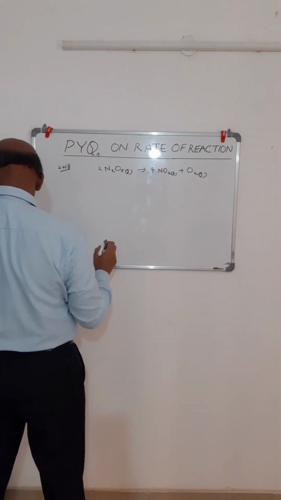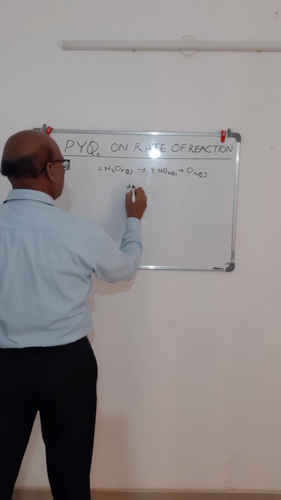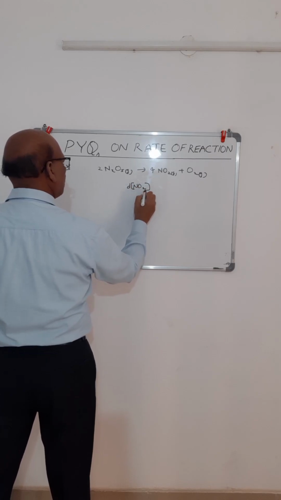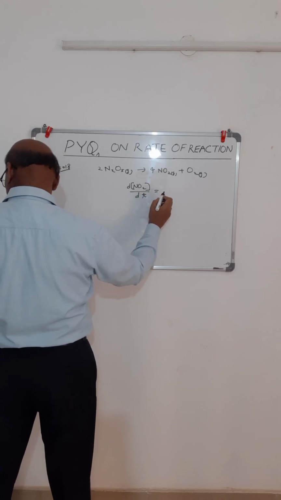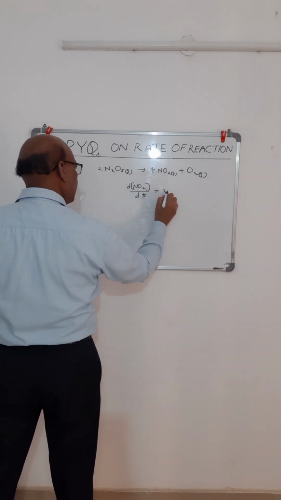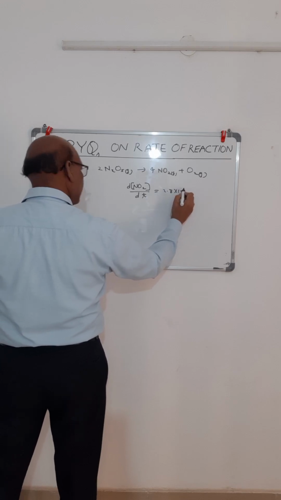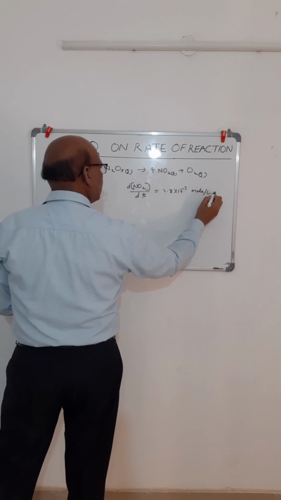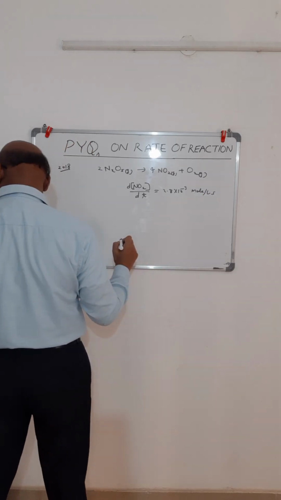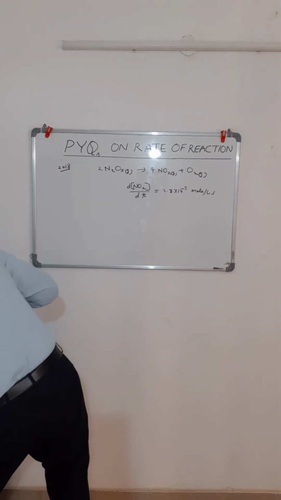We are given the rate of formation of NO2, that is d[NO2]/dt, as 2.8 × 10^-3 moles per liter second. And we have to find the rate of disappearance of N2O5.